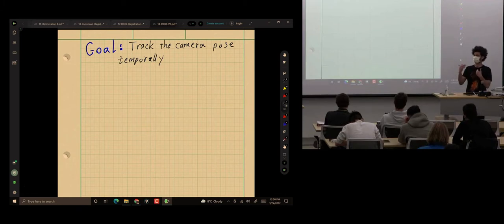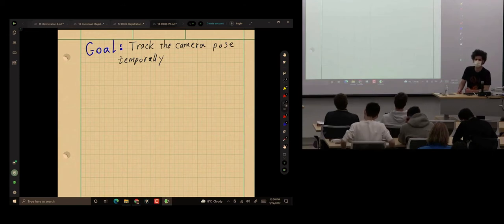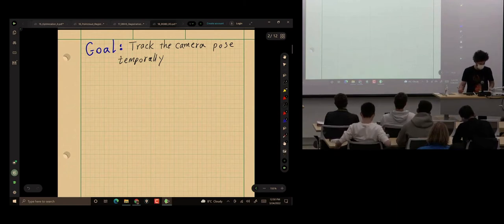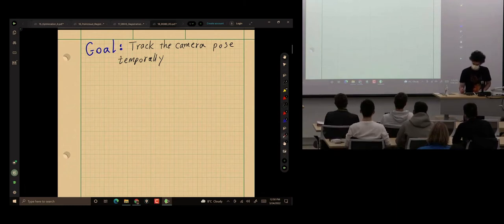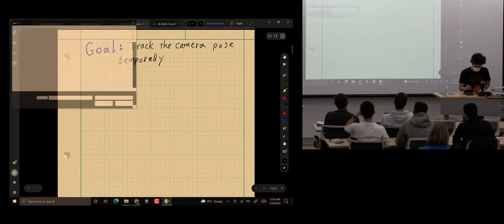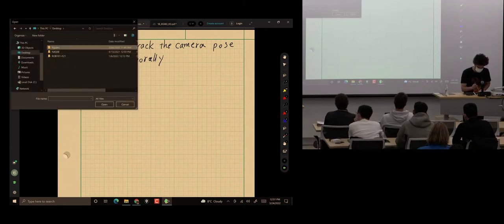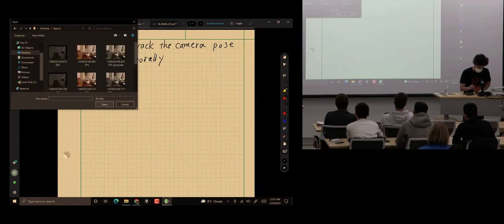By temporally, I mean we are dealing with sequential images. And we're going to focus on the simplest case, because if you can't solve that, there's really no point making it more involved. So we're going to collect some data from camera, and maybe if I add the images, we can see what we can do.